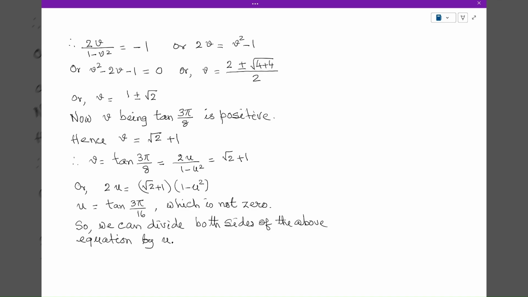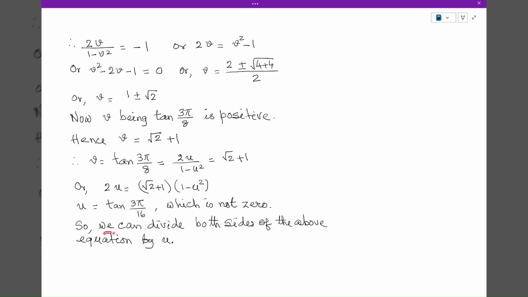By cross multiplication, 2u is equal to square root of 2 plus 1 multiplied by 1 minus u square. But u was tan 3 pi by 16, we had made this substitution earlier, and this is not 0.